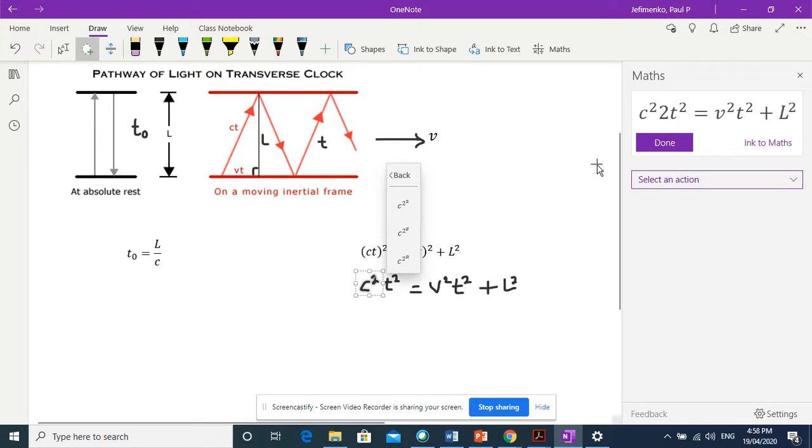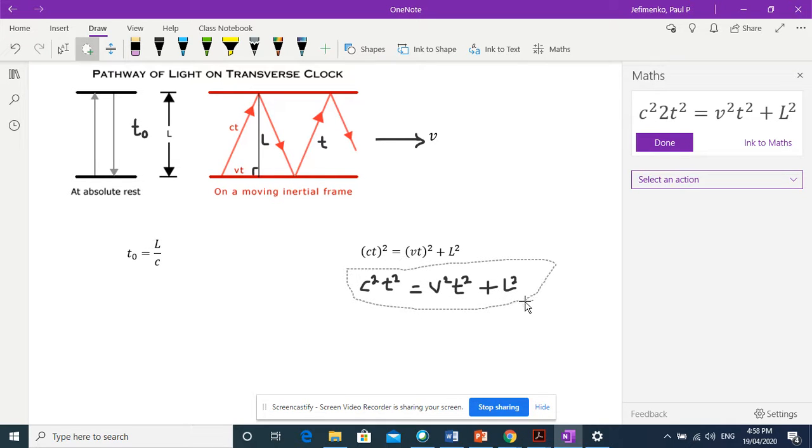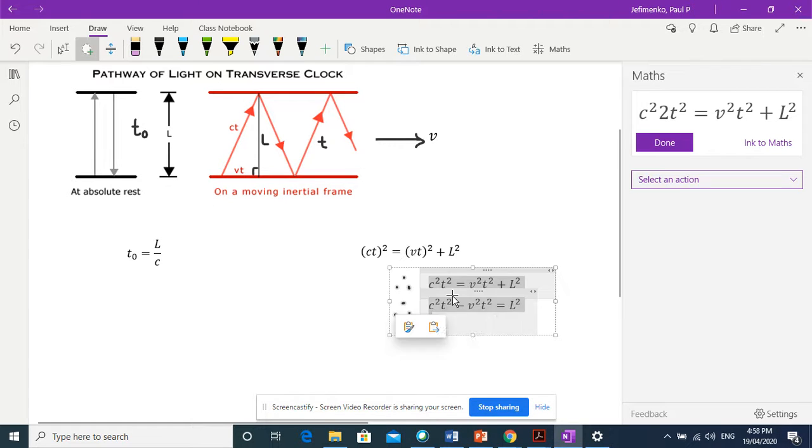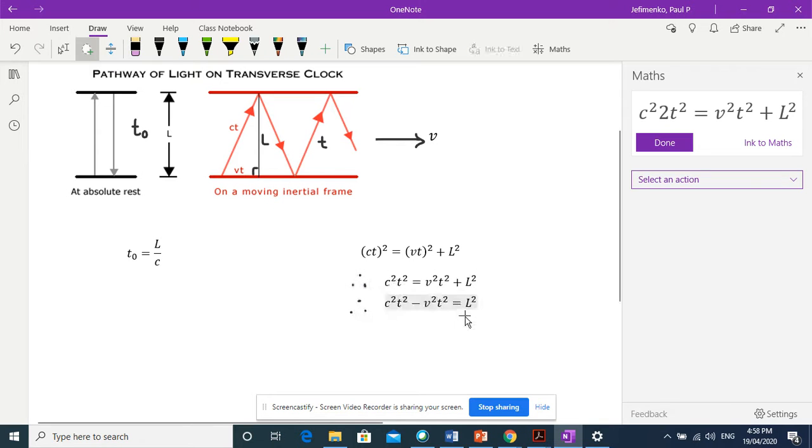Nope. Let's try something else. Let's circle all of this and try and get the right thing. Okay, well it's not working, so I'm going to delete all of this and paste something else.